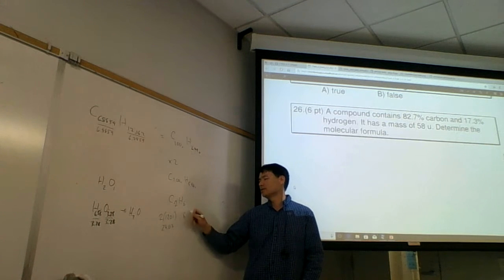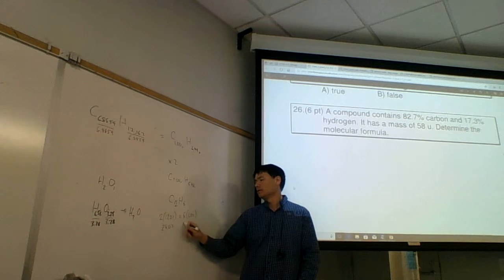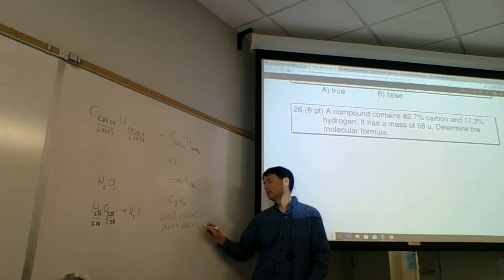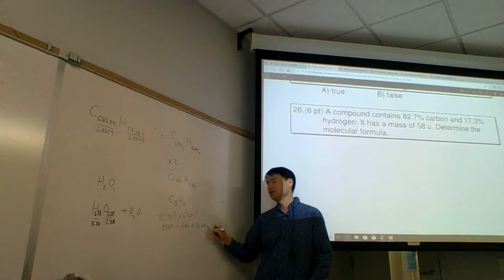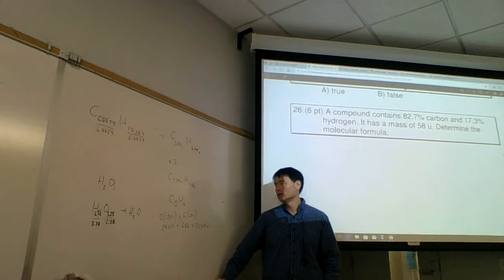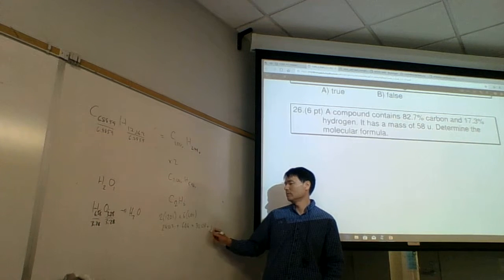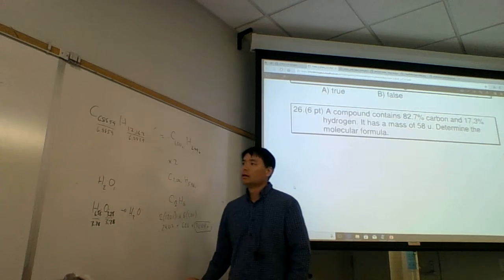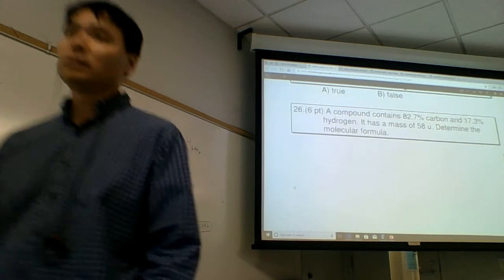And then 6 hydrogens would be 6 times 1.01, and that would be 6.06. When we combine these masses, I'm going to get 30.08 U. That's the mass of the empirical unit.